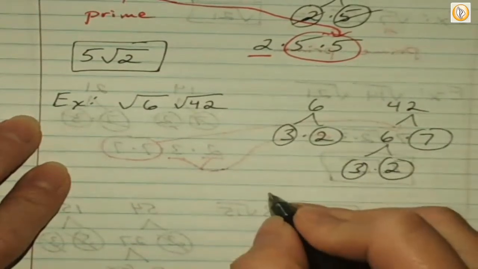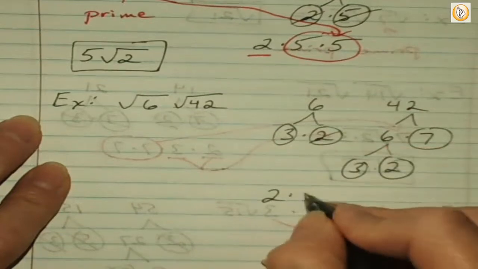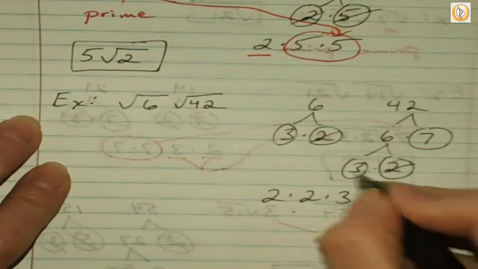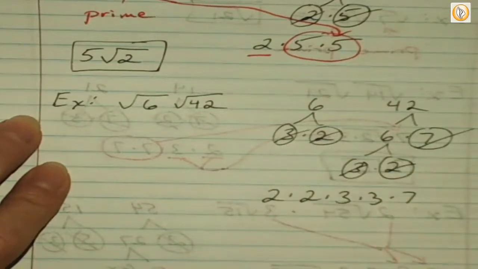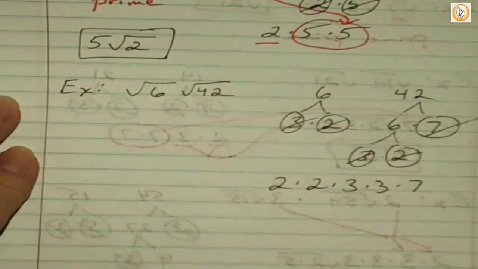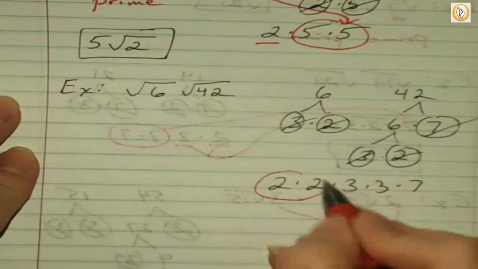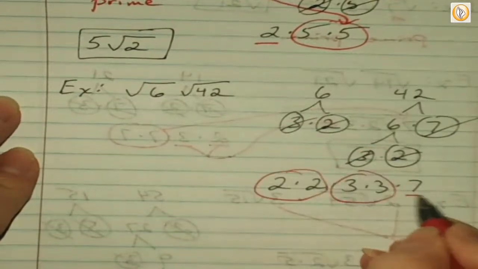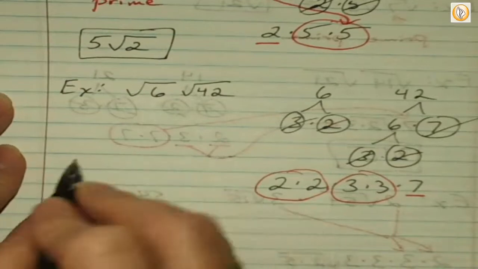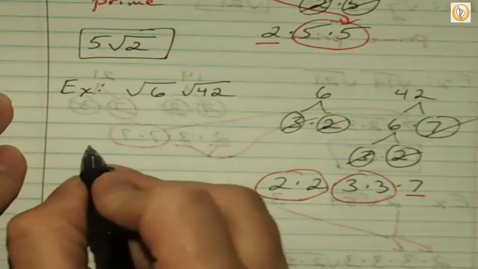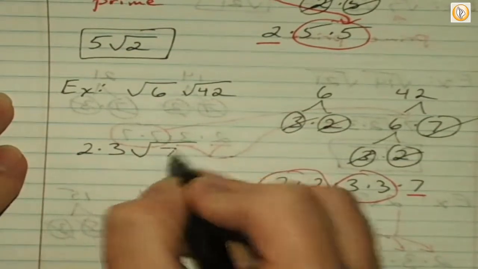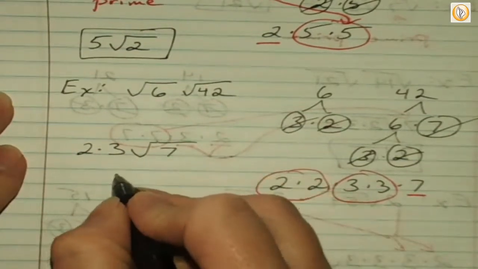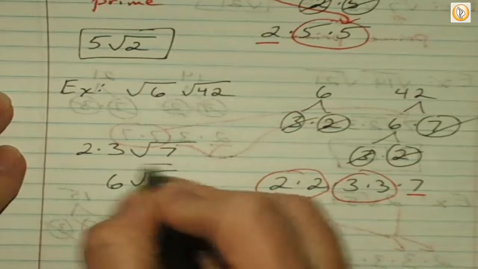So then you have 2 times 2 times 3 times 3 times 7. And then you circle the 2 2s and then the 2 3s. You're left with 7. So you put 2 times 3 on the outside of the radical and then a 7 on the inside. And so then it's 6 times the square root of 7.